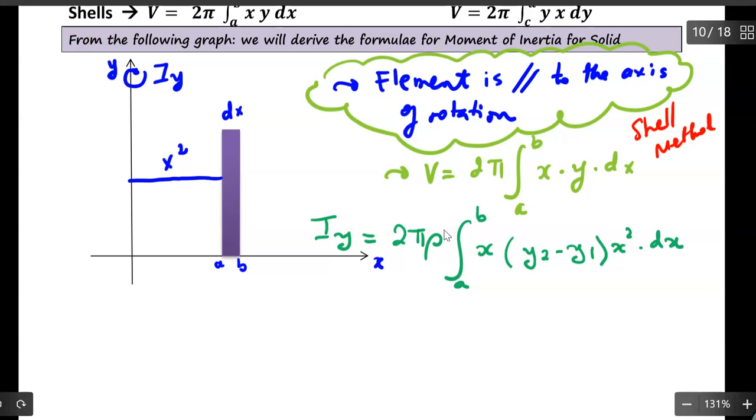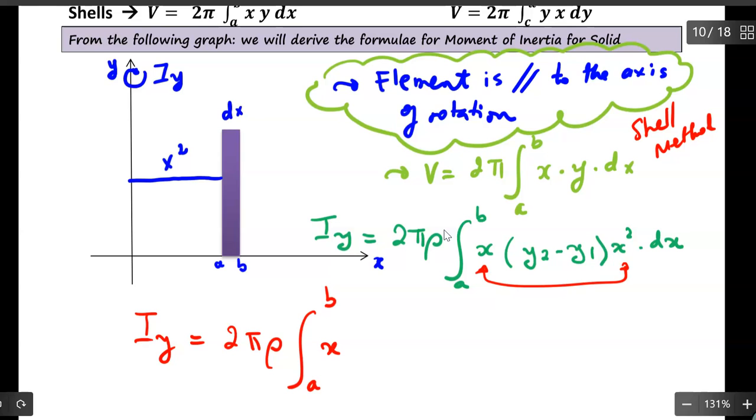So now I'm going to combine these two. Therefore, the formula I have for Iy should be equal to 2 pi rho, the integral from a to b, of x to the exponent 3, (y2 minus y1) dx.